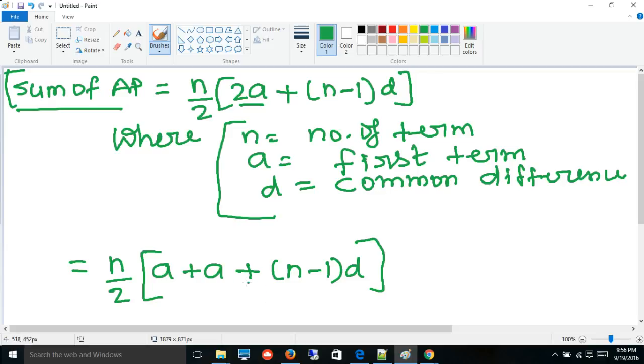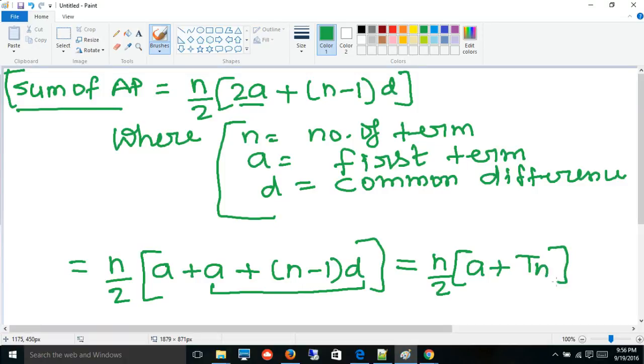Now if you remember, from here to here, this is the formula to calculate the nth term of the arithmetic progression. So in place of that portion we can say a plus (n minus 1)d, and again in place of this we can say t1 plus (n minus 1)d.